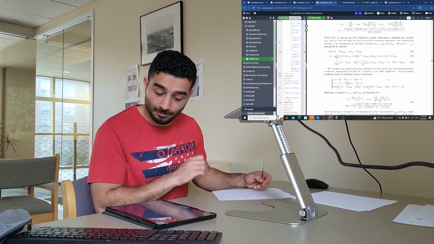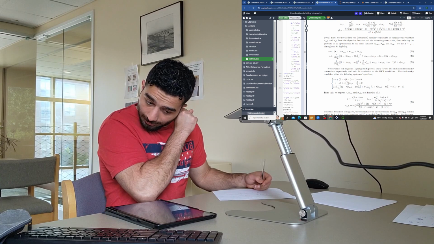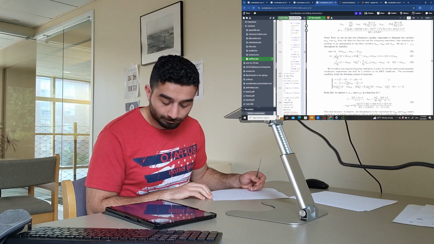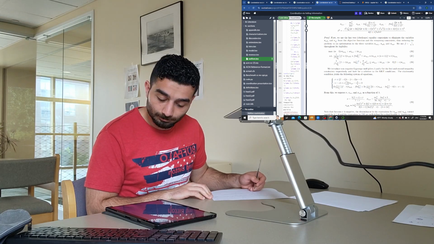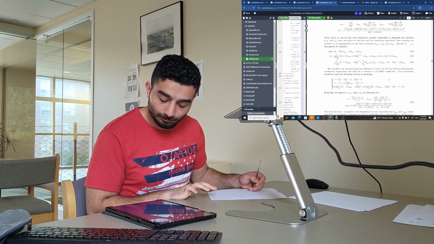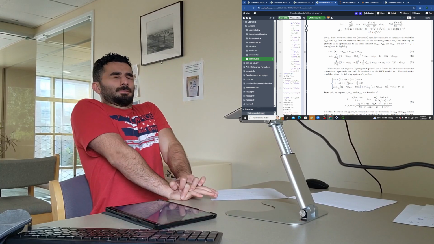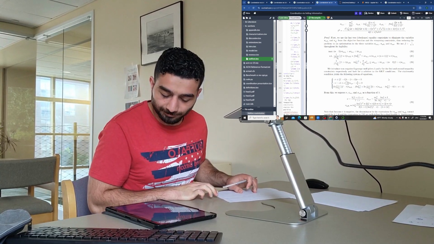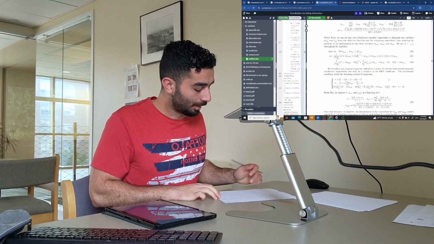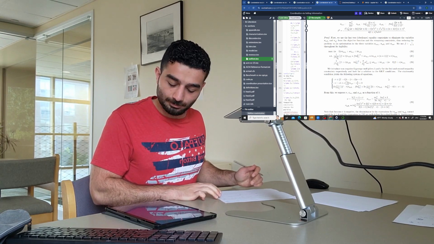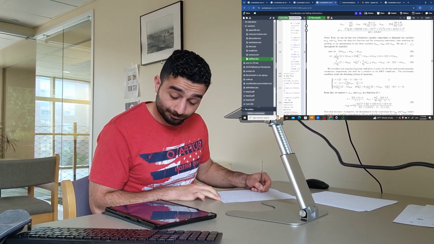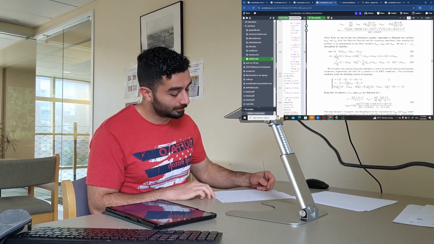This should not change as well, right? Plus r, that's it, equals 0.